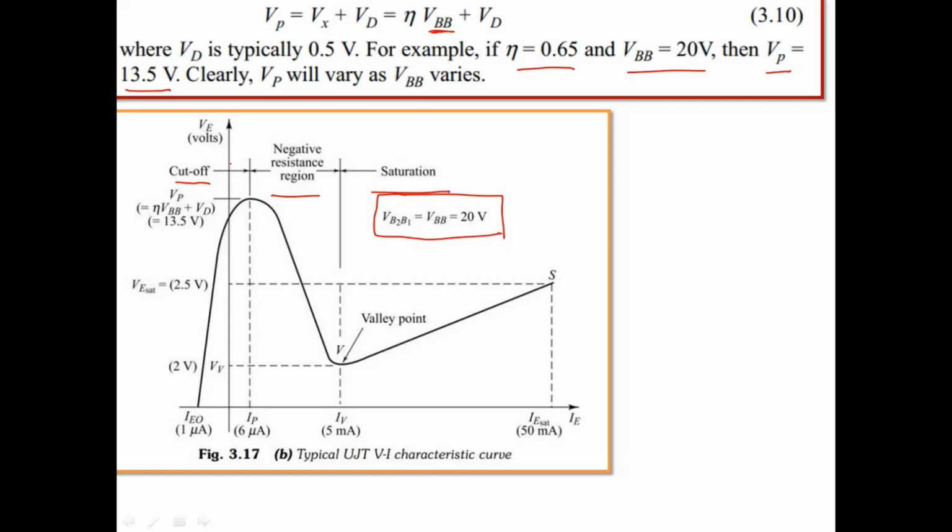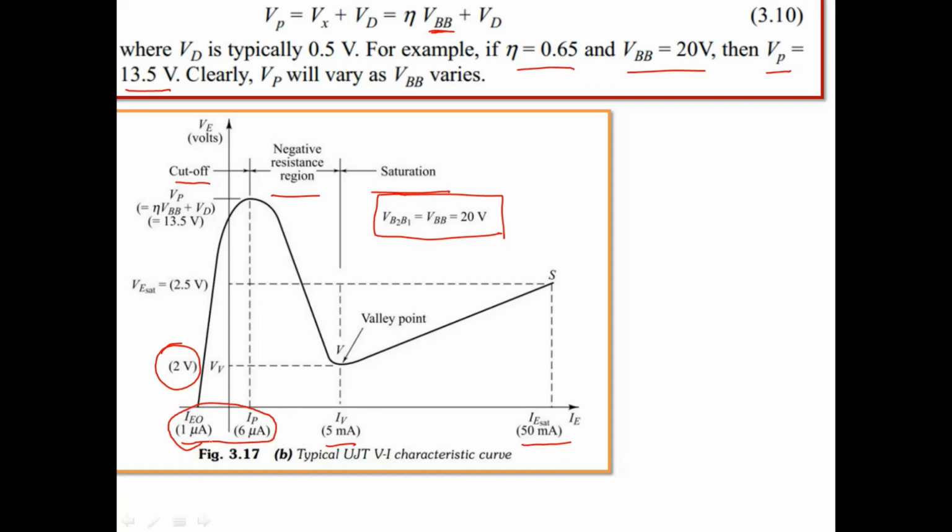Soon after a small variation past VP, it suddenly enters the next region, called the negative resistance region. In the negative resistance region, the current increases and the voltage decreases. Once it reaches 2 volts, that is called the valley point, and the current increases from 5 milliampere up to 50 milliampere. Initially, in the cutoff state, you find current in microampere, so it is also called the cutoff state.